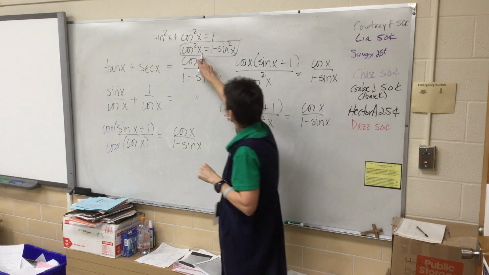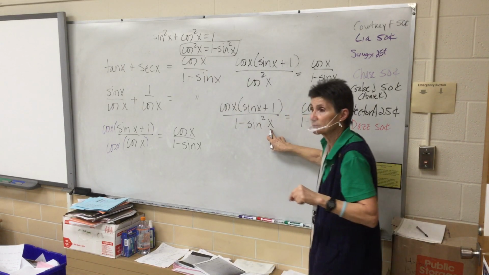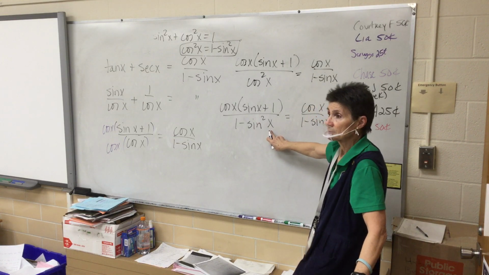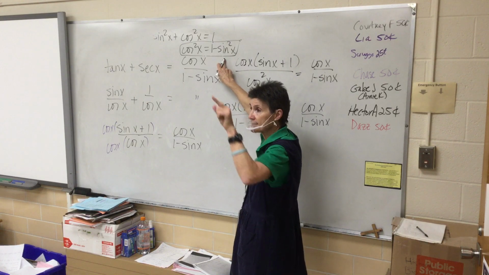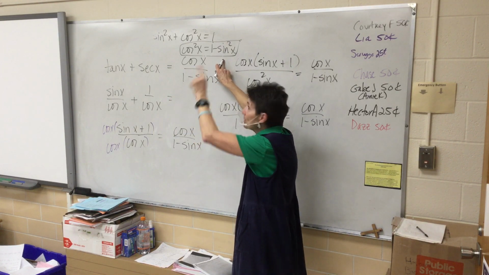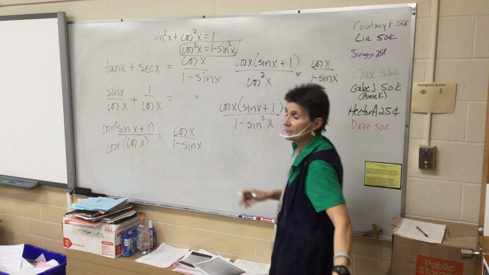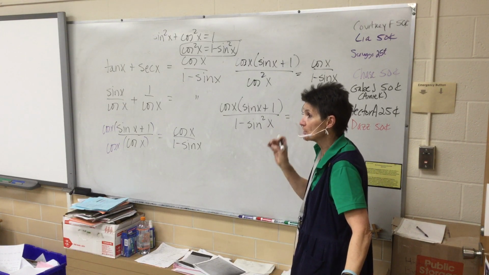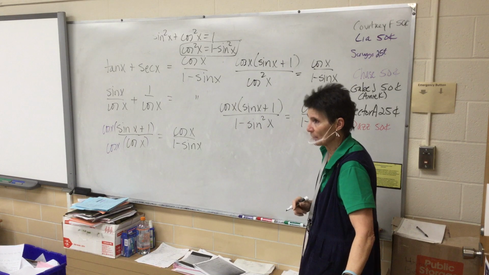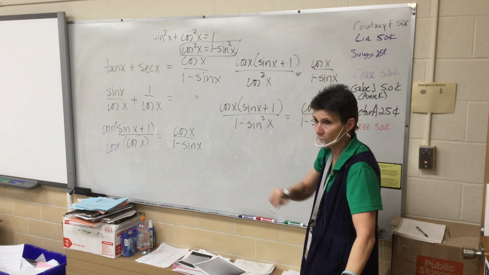Cosine squared is 1 minus sine squared. That's what I just told you to write down. When you weren't listening, I said write this down next to that identity. Every time you have a function squared, it can be rewritten using one of those little formulas.